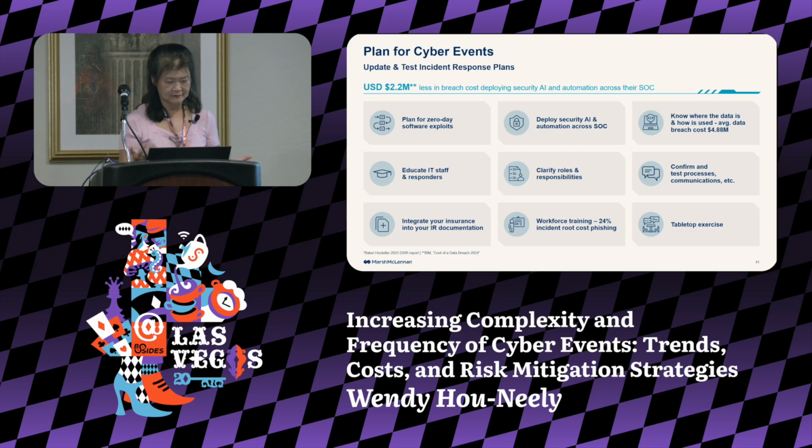Also, secure your AI and have very clear roles and responsibilities, and know where the data is and how it's used. We spend a lot of time talking about it. The average breach cost for data is 4.88 million. Also confirm your process, and of course, tabletop exercises.